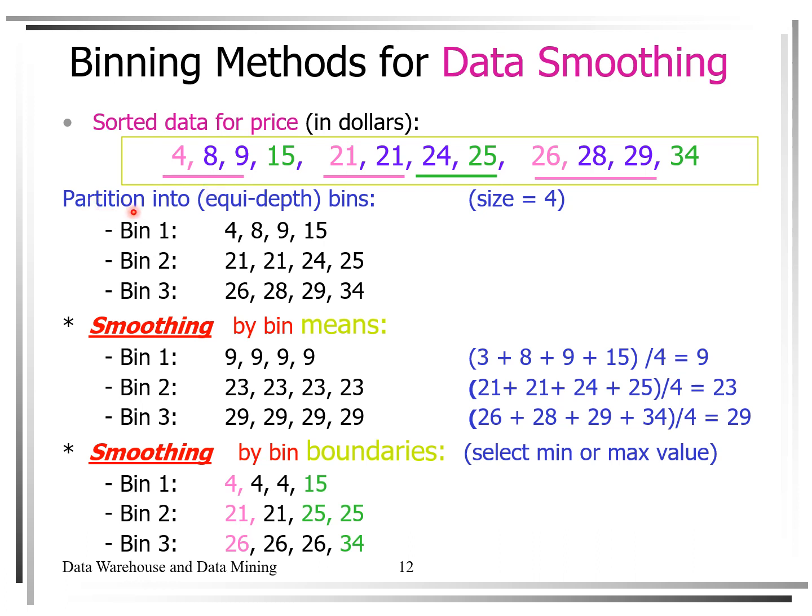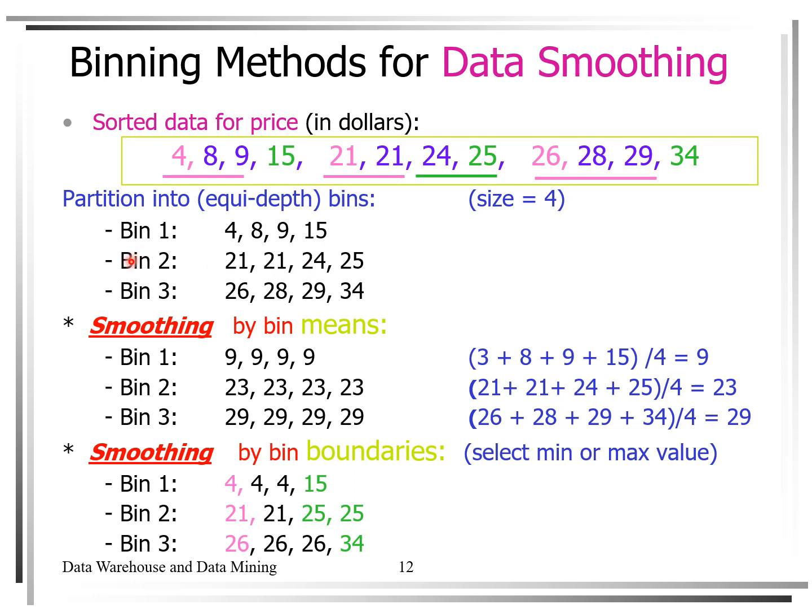Now we want to partition this data into equal depth bins, and we said that equal depth means they will contain the same number of values. The size that we specify here is 4. So bin 1 will include 4 values: 4, 8, 9, and 15.